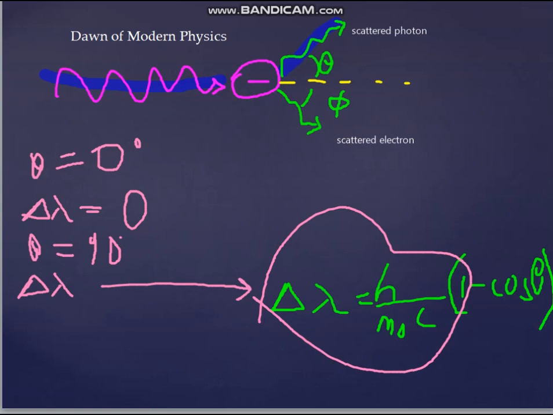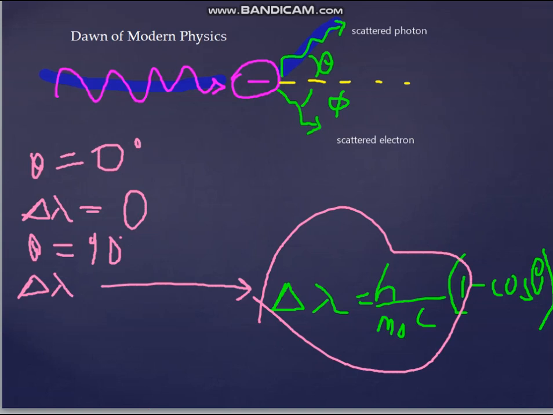If theta is equal to 180 degrees, we'd have a maximum shift, a maximum Compton shift. Since cos 180 degrees is negative 1, we'll have a maximum shift in the wavelength, since 1 minus minus 1 would be 2.